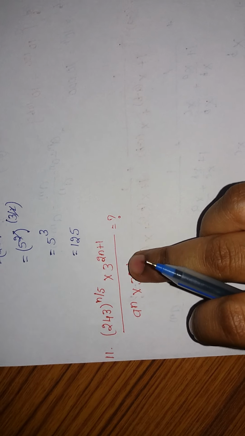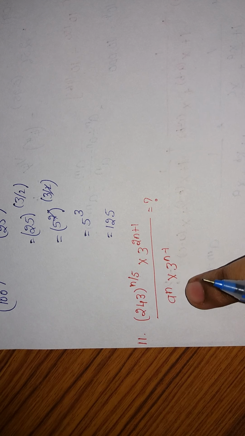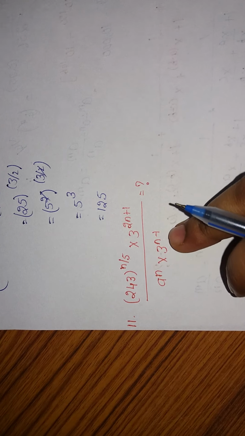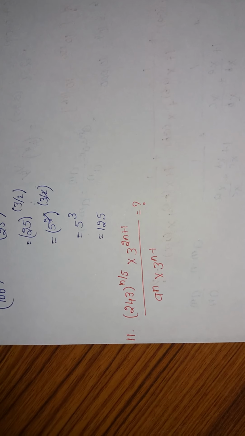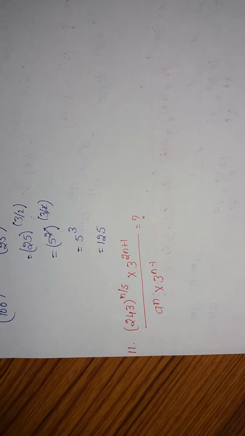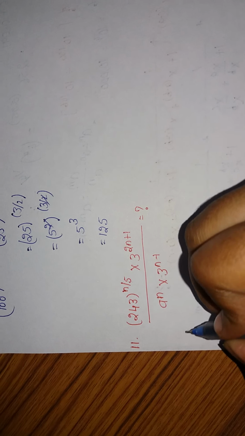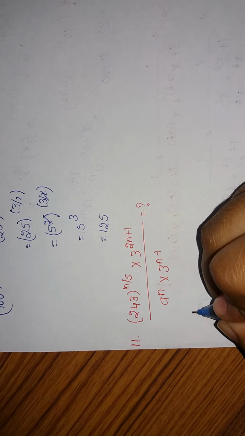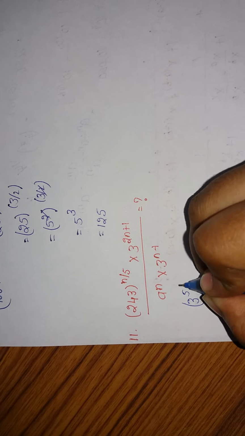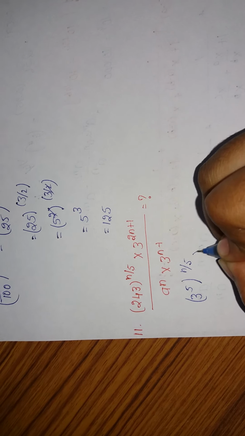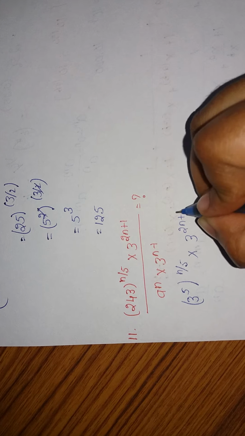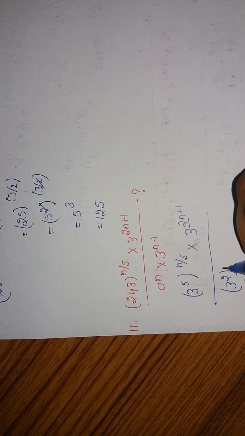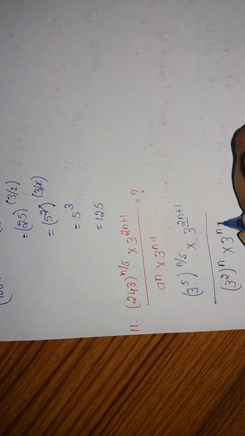243 whole power n by 5 into 3 power of 2n plus 1 by 9 power n into 3 power of n minus 1. So 243, how can we represent it in 3 powers? It can be represented as 9 9s are 81, 81 3s are 243. So it can be written as 3 power of 5 whole power of n by 5 into 3 power of 2n plus 1 by 9 can be represented as 3 square whole power n into 3 power of n minus 1.